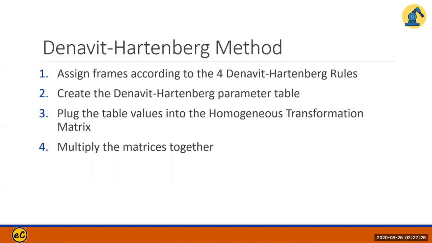First, we assign frames according to the 4 Denavit Hartenberg rules. Second, create the Denavit Hartenberg parameter table. From the rules, we set up the frames and then we collect the parameters. Then we use those parameters to build a homogeneous transformation matrix. That matrix can be put into the computer to perform calculation, and we can multiply the matrices together to form a bigger combination of the transformation matrix.